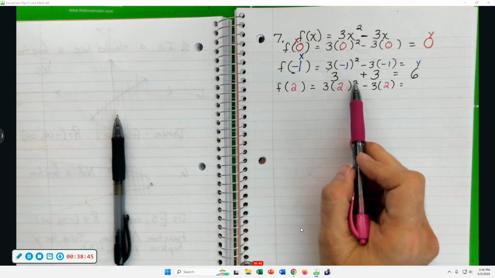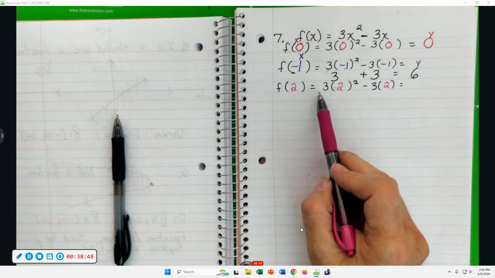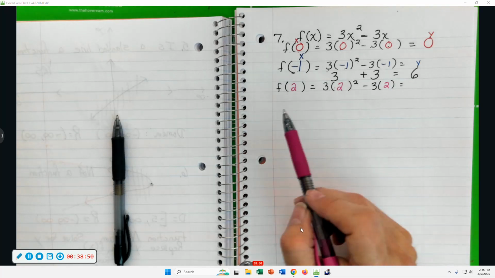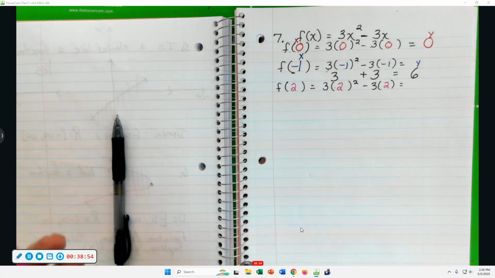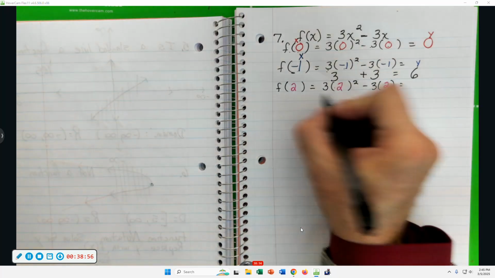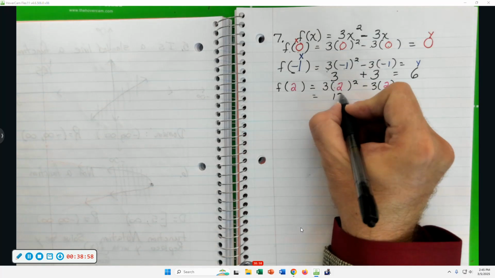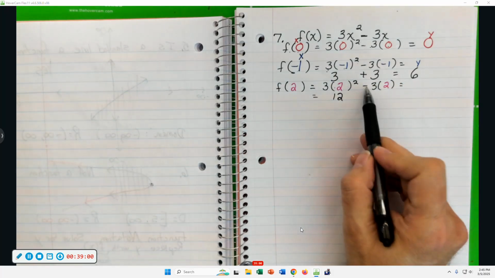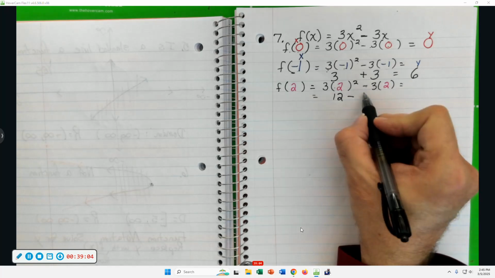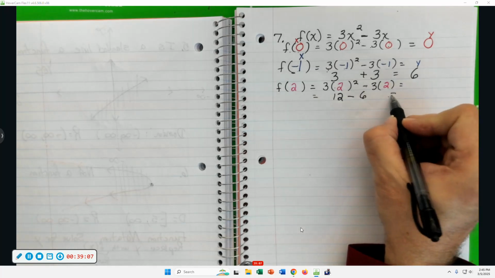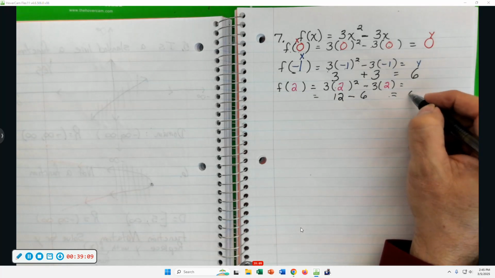You square and then multiply. Don't multiply first, okay? So 2 squared is 4 times 3. Is that going to be a 12? Minus what? 6?